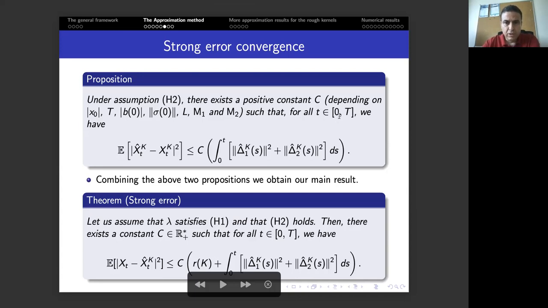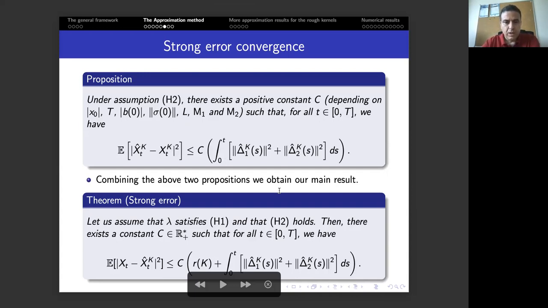And such that for all t between 0 and maturity, we have a control on the approximated truncated stochastic Volterra equation and the truncated stochastic Volterra equation that behaves like delta 1 hat k plus delta 2 hat k, integrated between 0 and t.